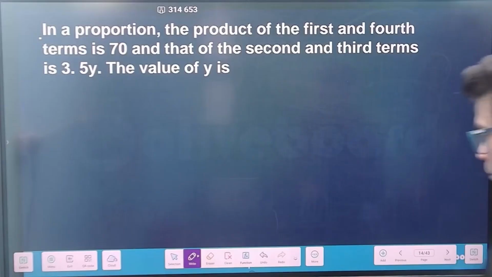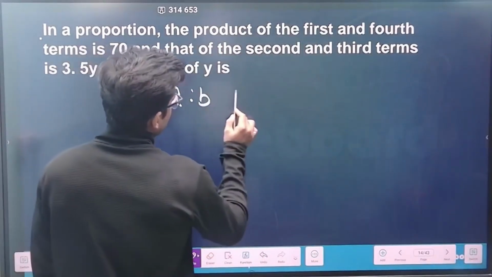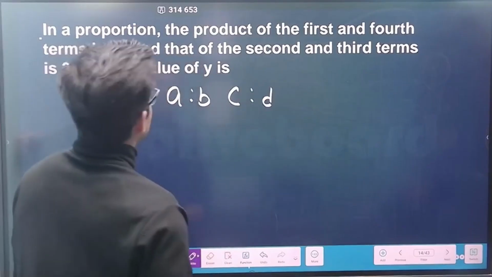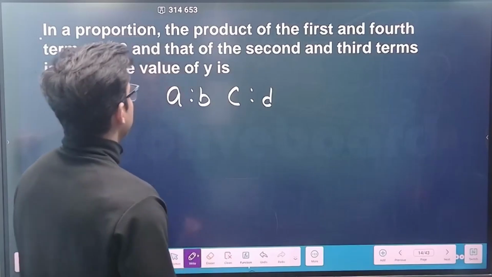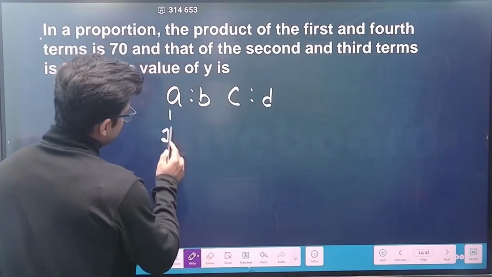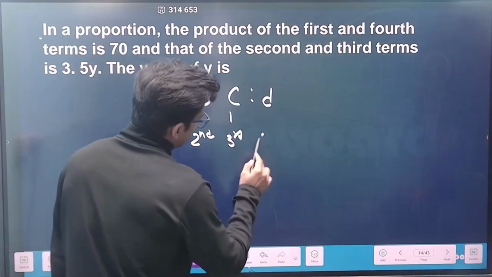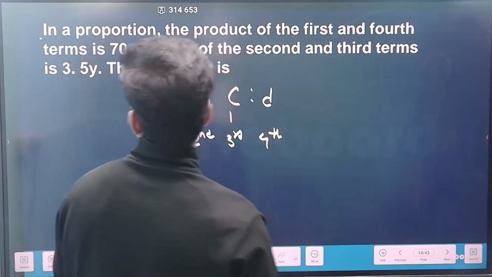First and fourth, so the numbers would be in the format A is to B and C is to D. This is my first, this is my second, this is my third, and this is my fourth. And that of the second and third term is 3.5y.